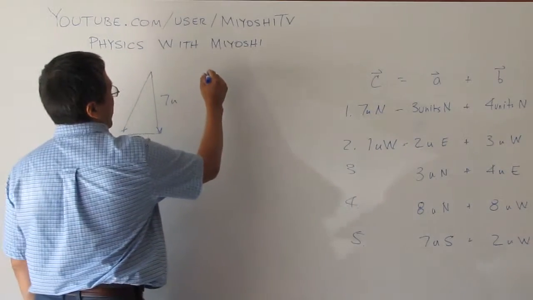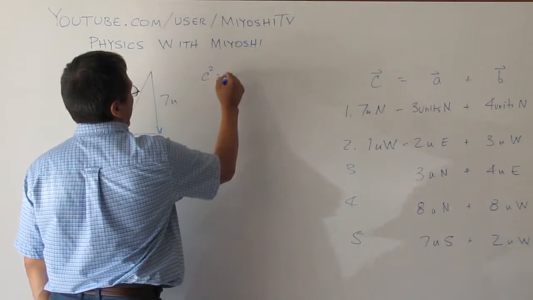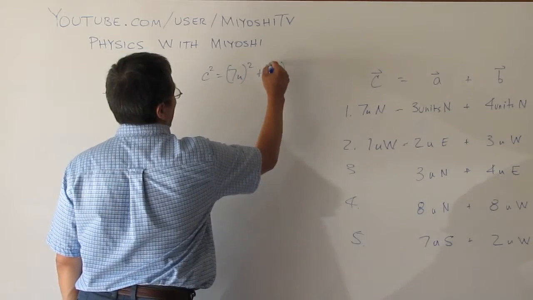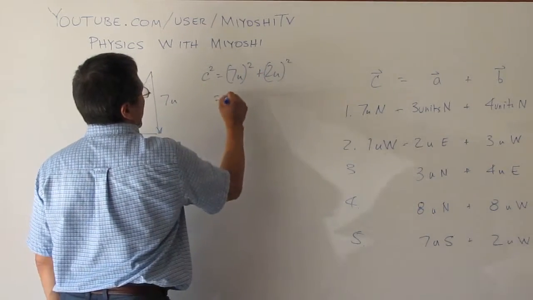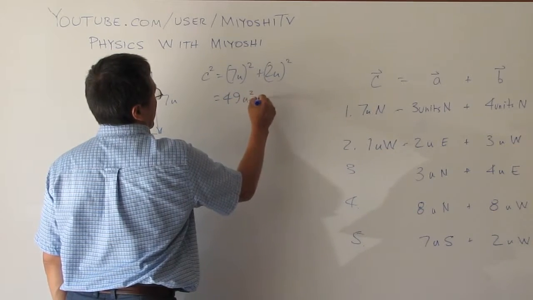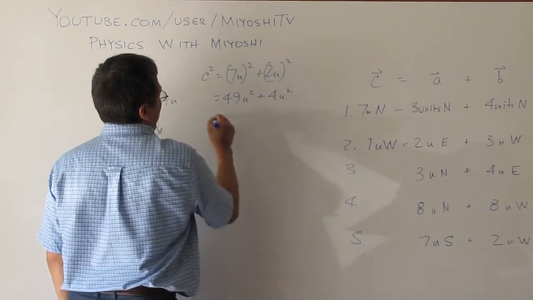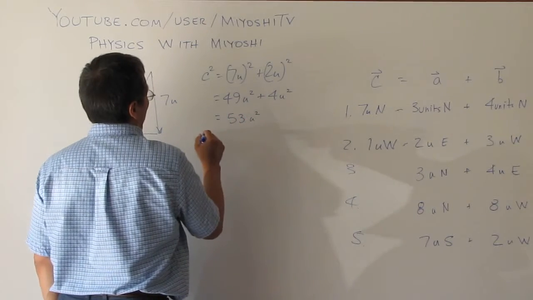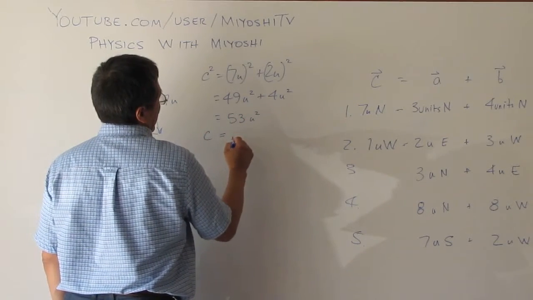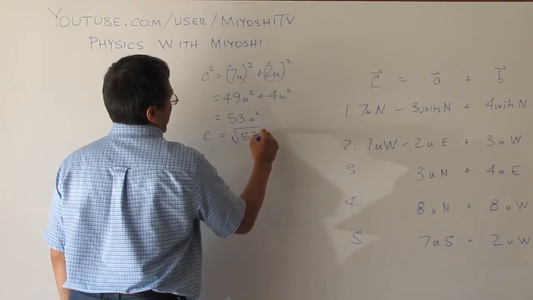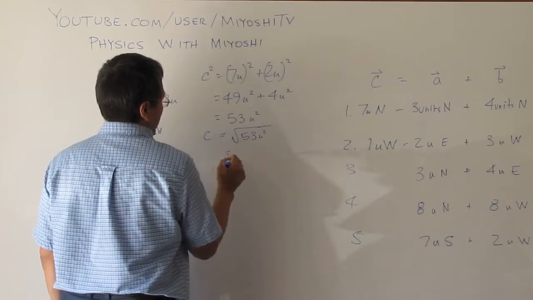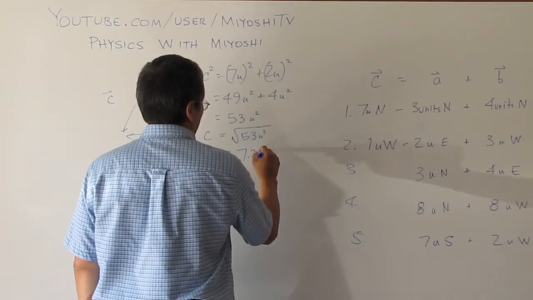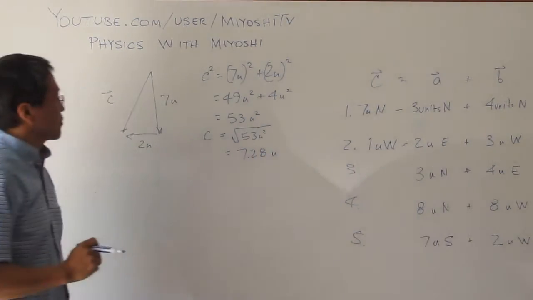So for the magnitude, C squared is 7 units squared plus 2 units squared, is 49 units squared plus 4 units squared, is 53 units squared. So C is the square root of 53 units squared, which is, in my handy dandy notes here, 7.28 units.